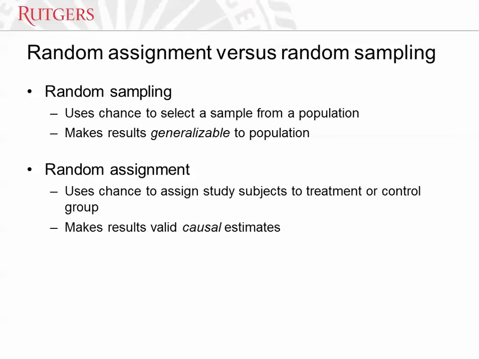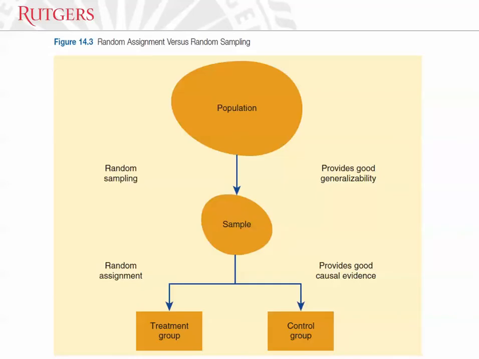So let's look at a diagram in the book that helps make this distinction. This diagram kind of shows the difference. Random sampling is used to draw a sample from a population in order to provide generalizability. Random assignment starts with some sample of people, which may or may not be randomly selected, and it randomly assigns them into treatment group and control group.